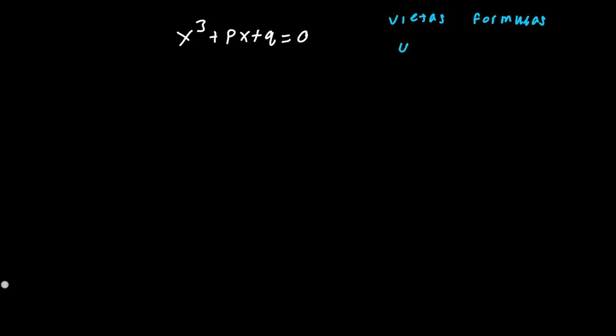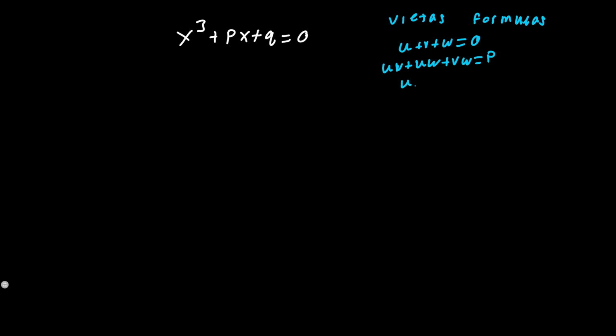So the sum of the roots is equal to 0, and the reason it's equal to 0 is because our x squared term is missing. And the pairs of the roots relate to the x coefficient, so p.